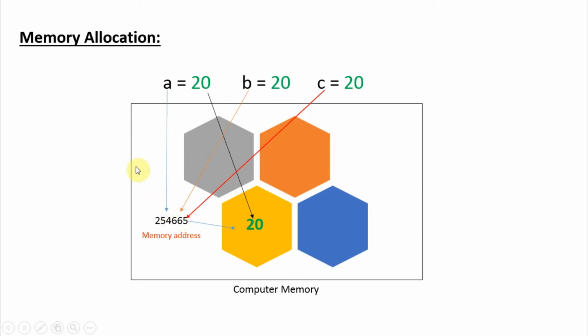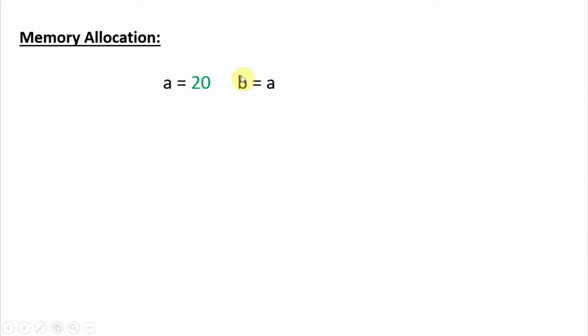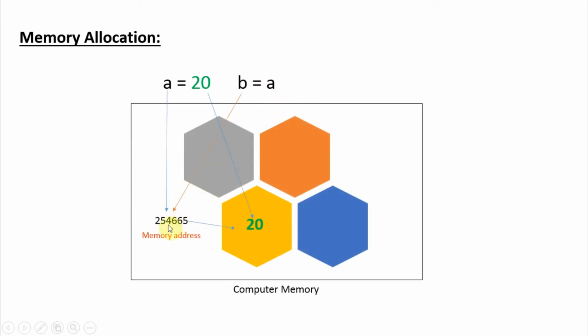Now what happens if we create another variable and then assign this variable, this a, to that variable? Like this, we have created b and we have assigned the value of a to that. Here b will be pointing to the same memory address towards which a is pointing, just like the previous operation.